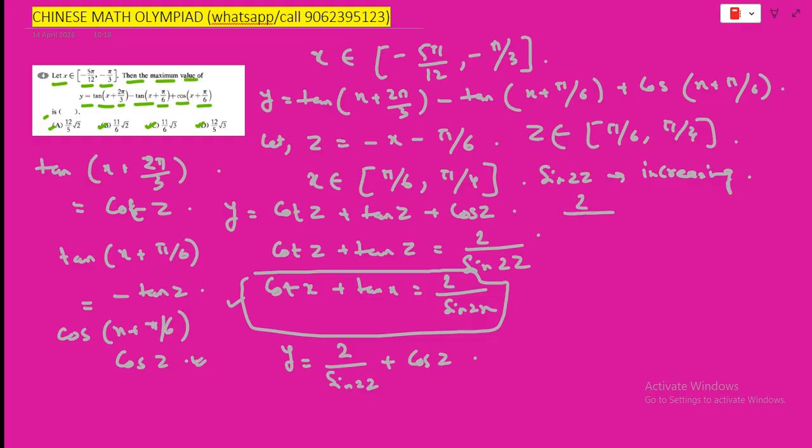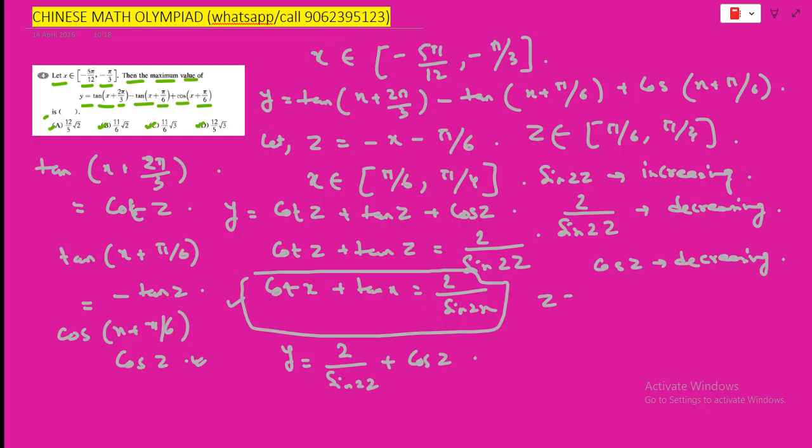So 2/sin 2z is decreasing. And cos z is also decreasing, right? So when two functions are decreasing, their sum is also decreasing, right? Since the function is decreasing, maximum occurs at the smallest value of z.